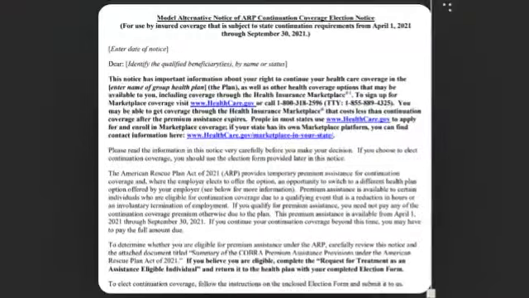Now, the next form that you'll see here is the state model notice. So for those that are 20 or more employees, they're going to fall under federal COBRA. We also have in about 40 states plus the District of Columbia something called mini COBRA, and those are for smaller businesses that have below 20 employees.